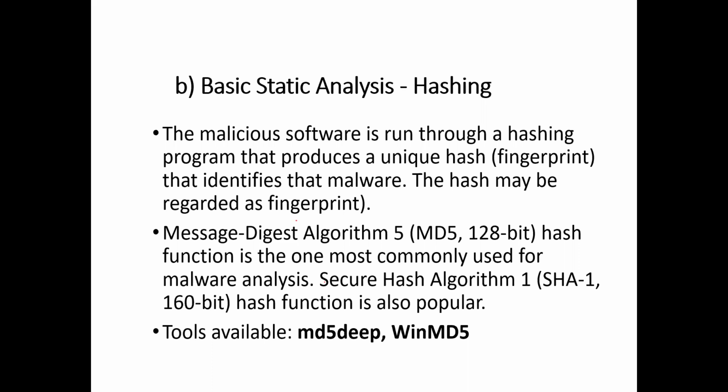So that hash is regarded as a fingerprint. We use MD5, the Message Digest Algorithm 5, or even the Secure Hash Algorithm 1, which is 160 bits. These are the most common ways of hashing, which is one of the static malware analysis techniques.